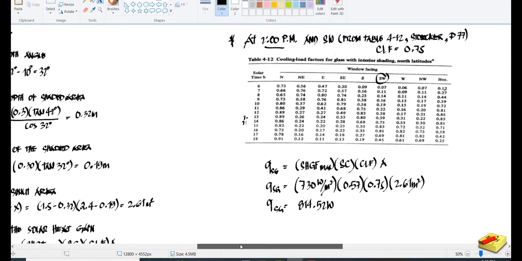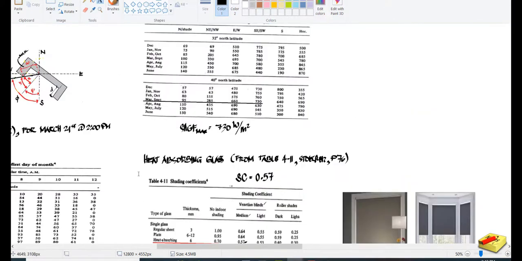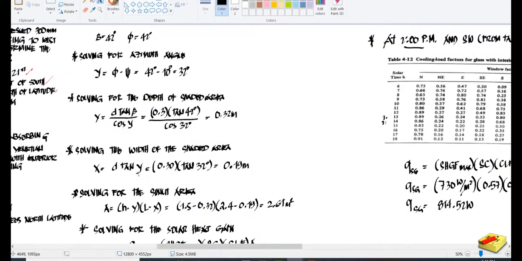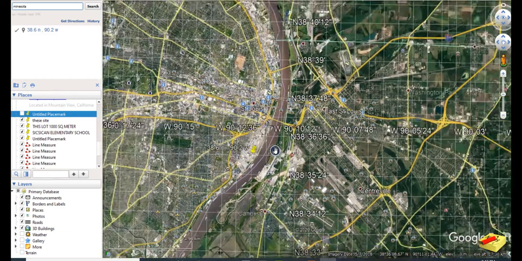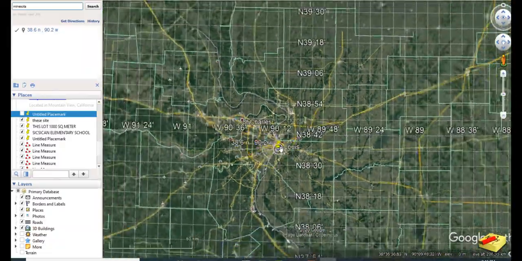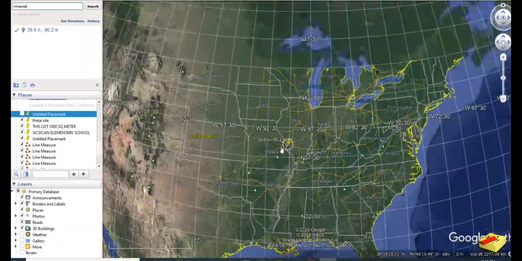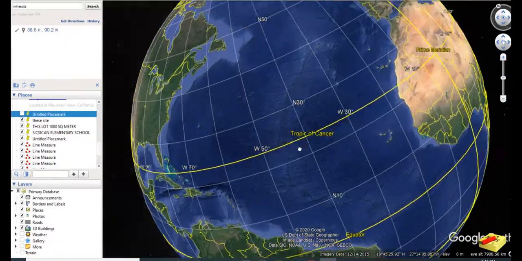We call it the solar heat gain factor, which is available only for 32 degrees north latitude and 40 degrees north latitude, which, if we look at Google Earth, is the latitude that we have here.